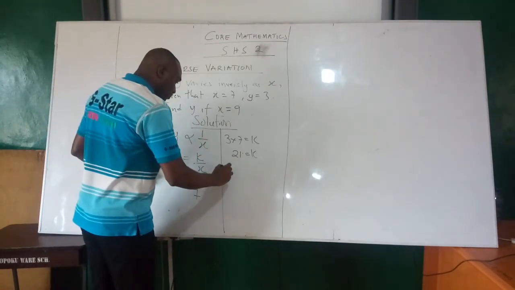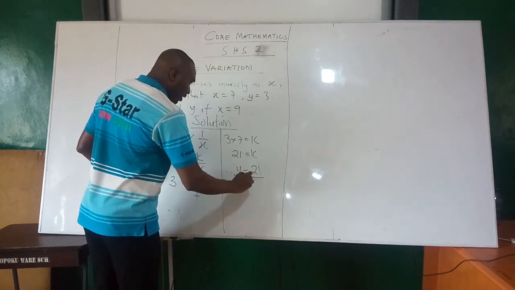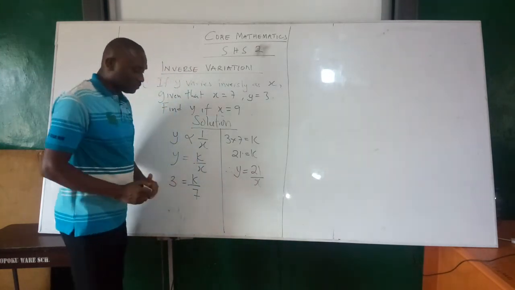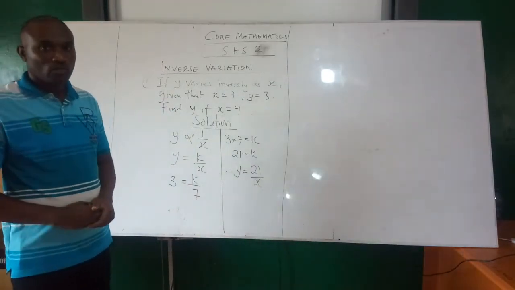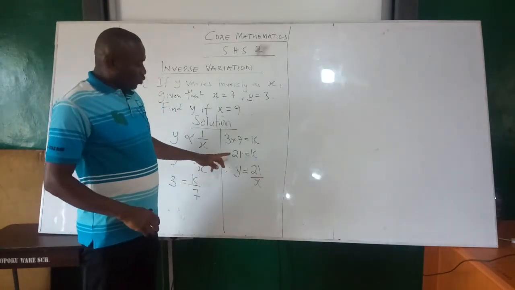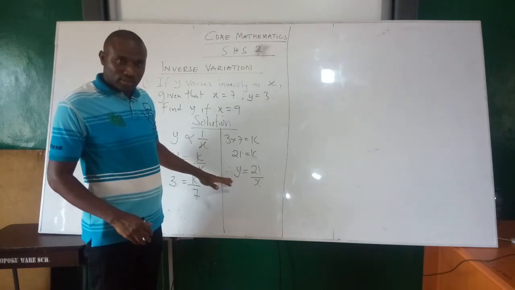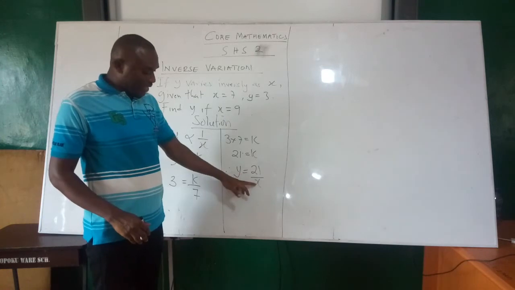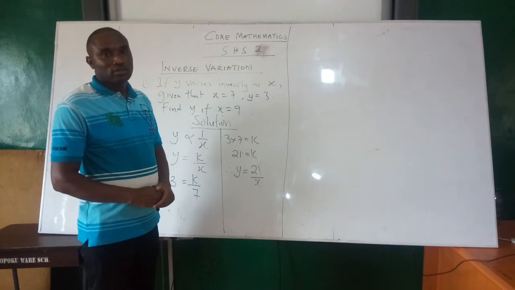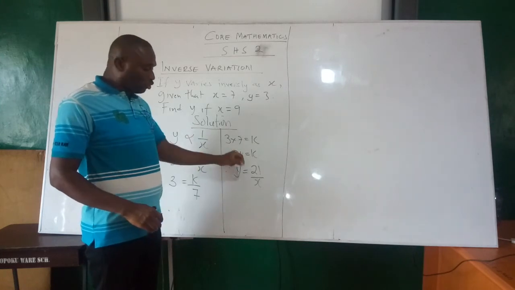So now the equation becomes y equal to 21 over x, or 21 on x. By this, we have now gotten the relation between y and x. It is now complete. Remember, if you've not solved for the constant of variation, the relation is not complete.